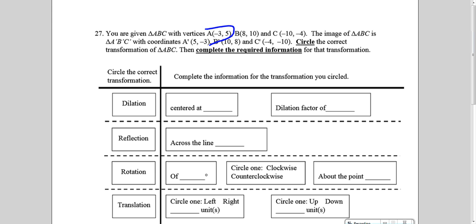So I look at the A. I went from x, y to y, x, and that's true for each of my points. So that would be a reflection across the line y equals x, because I'm just flipping my x and my y.